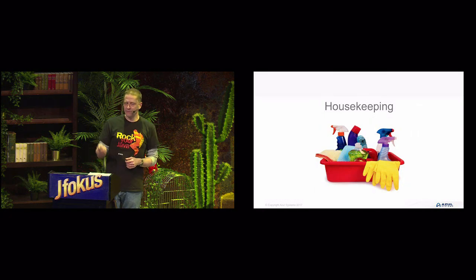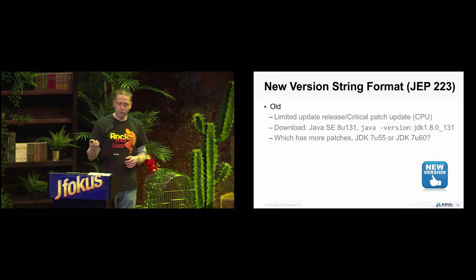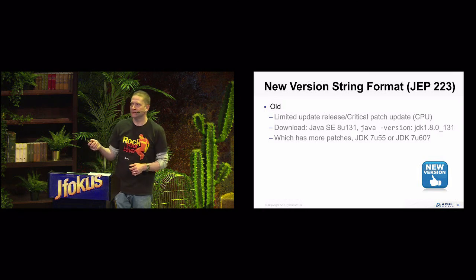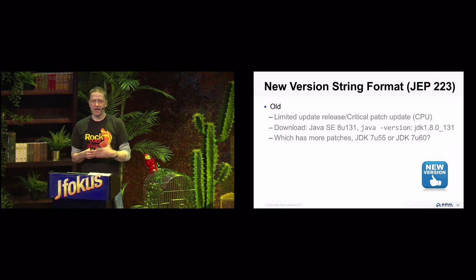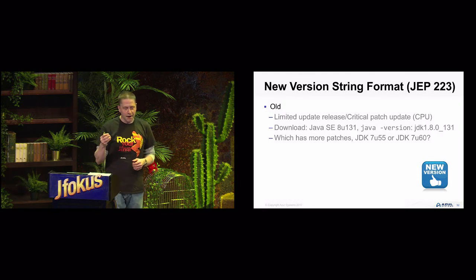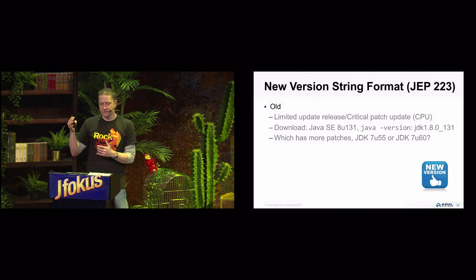Housekeeping. A lot of housekeeping in JDK 9. The first thing was we get a new version string format. This seems to be the idea that every release of Java has a new version string format, or at least that's the way it appears. This has always been a problem because engineering meets marketing and the two collide and it doesn't really work.